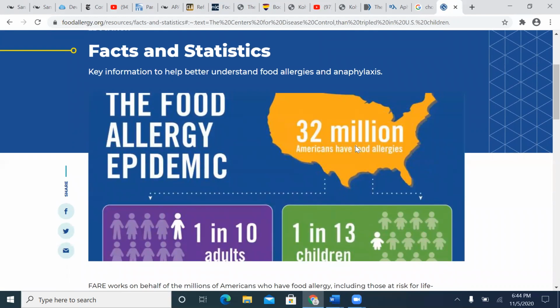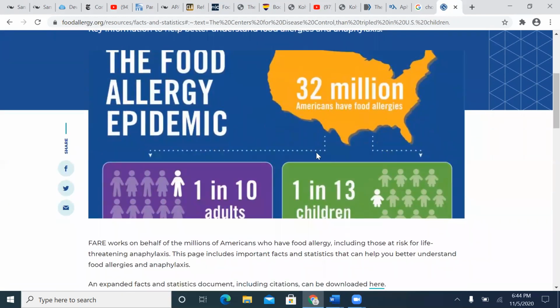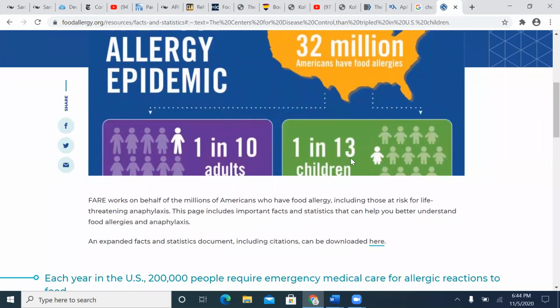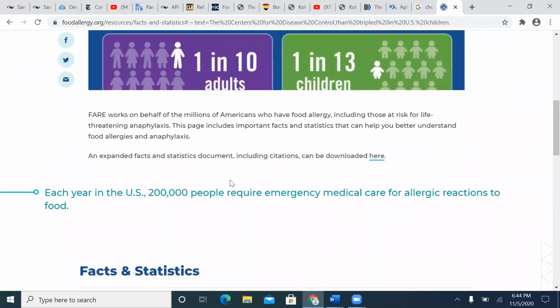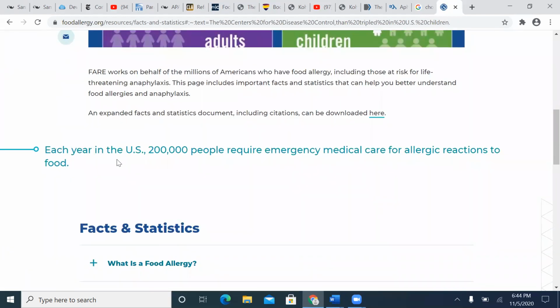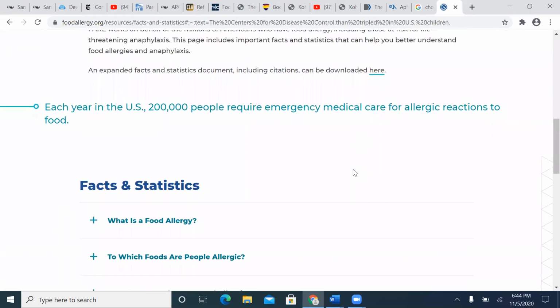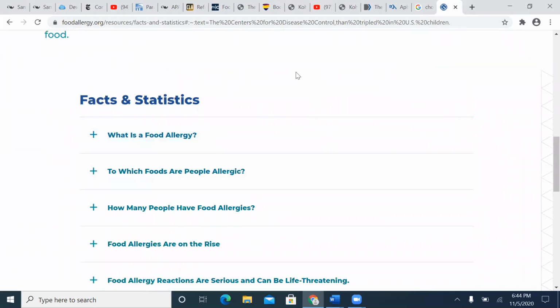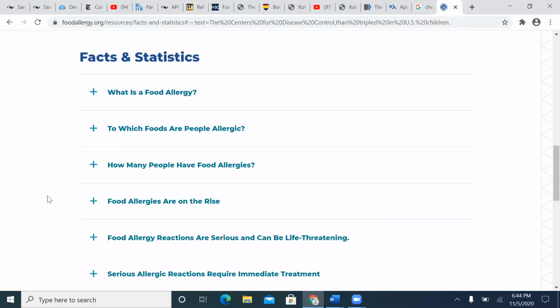And 32 million Americans have food allergies, 1 in 10 adults, 1 in 13 children. Each year, in the US, 200,000 people require emergency room medical care. That's pretty substantial. Now we have some additional statistics and facts down here. Let's look at how many people or food allergies on the rise is even better.